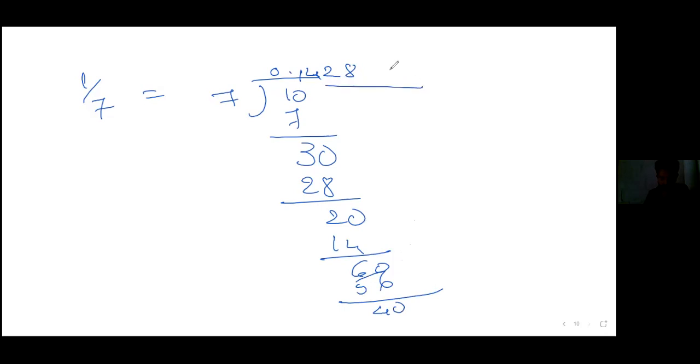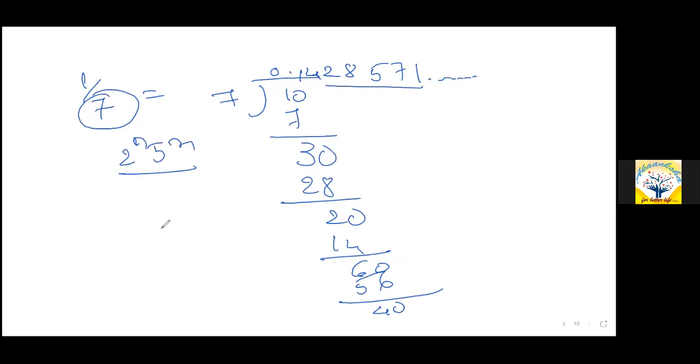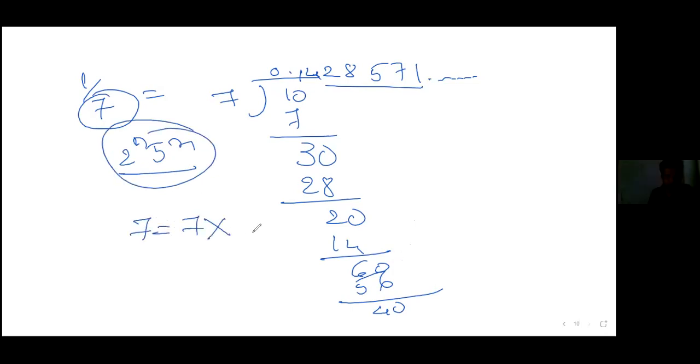So it will continue like 1, 4, 2, 8, 5, 7, 1, and further it will continue. So you can see whether this is of the form 2 to the power n, 5 to the power m. Can I factorize 7 in this form? No, right? 7 can be written as 7 into 1 because it is a prime number, right? It cannot be written in this form.